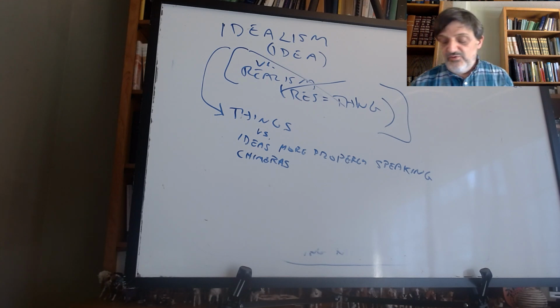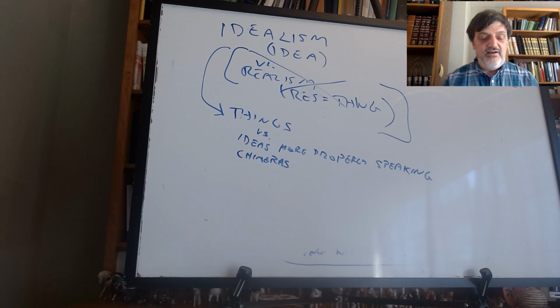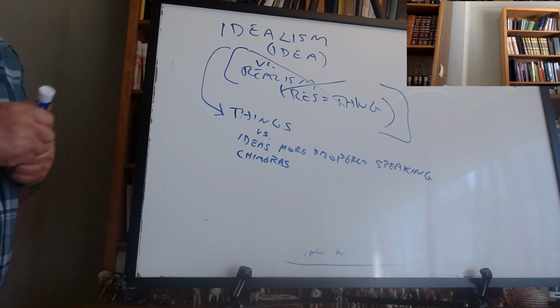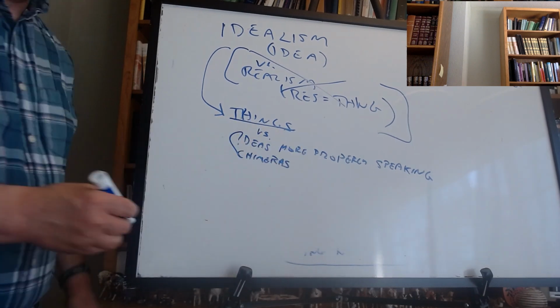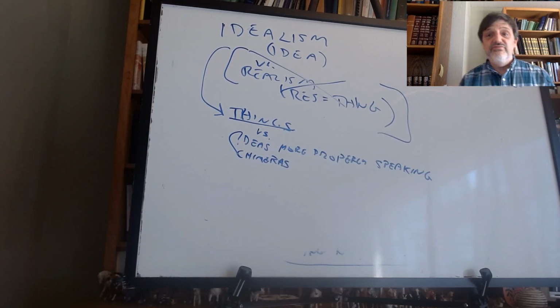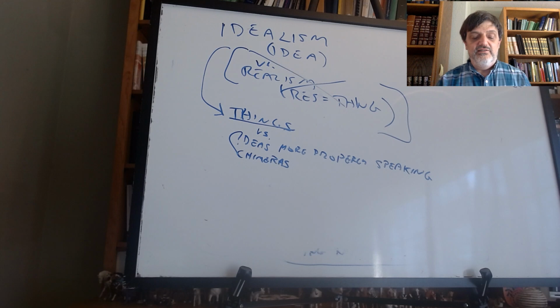So Berkeley wants to emphasize that he can still draw a distinction between ideas that are things and ideas that are not things, or that is, ideas that are real and ideas that are not real.